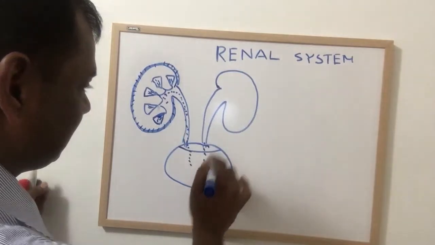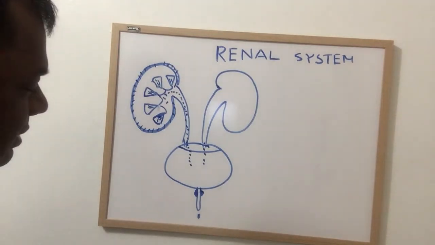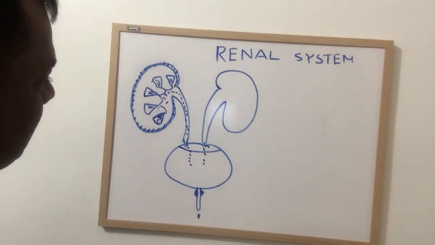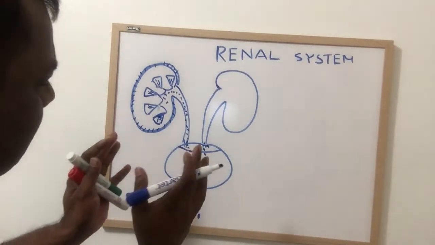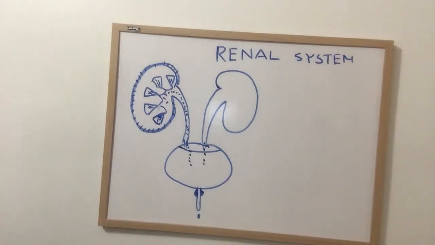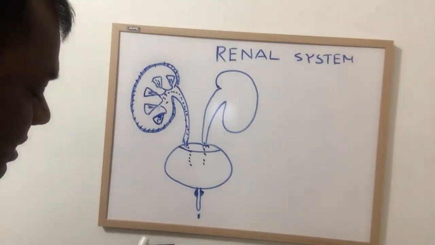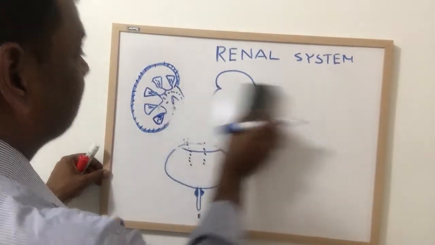This is the basic form of the kidney, bladder, ureter, and urethra. If we go into a little more detail, let's see how a kidney looks and how it is designed.